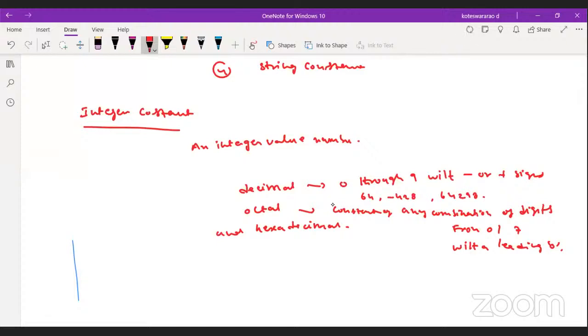Some examples of these: 031, 0452, 0524, and so on.